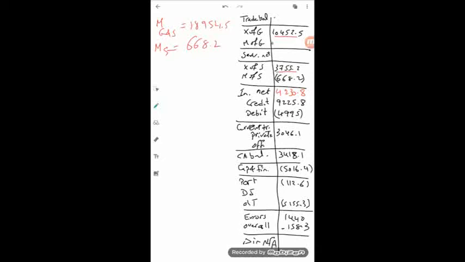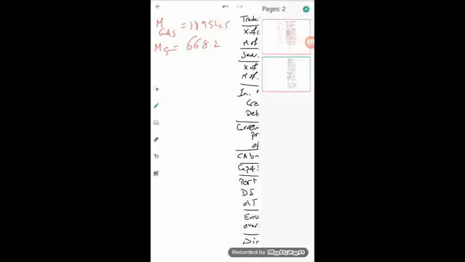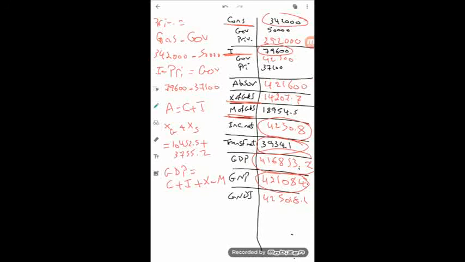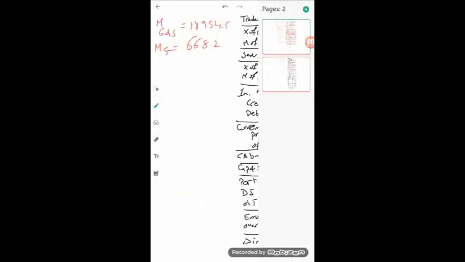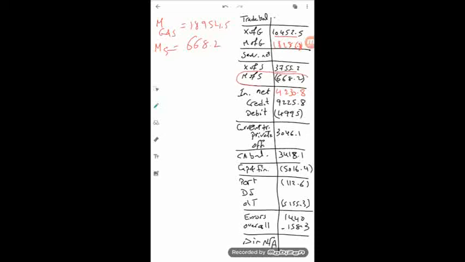It will be 18,286.3. Once again, it's calculated from the national account table. This is import of goods and services. We are going to use this value and import of services to find import of goods.